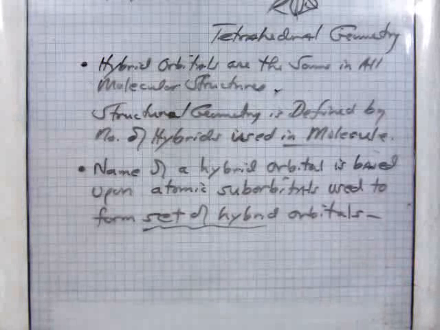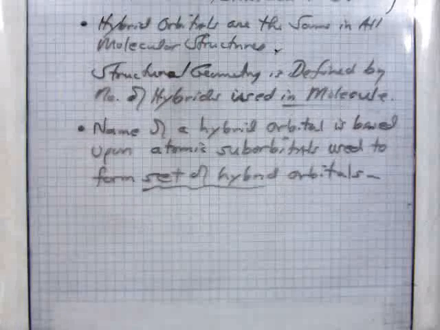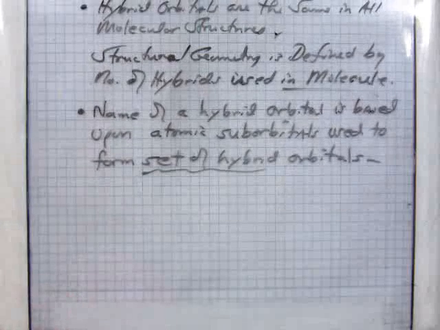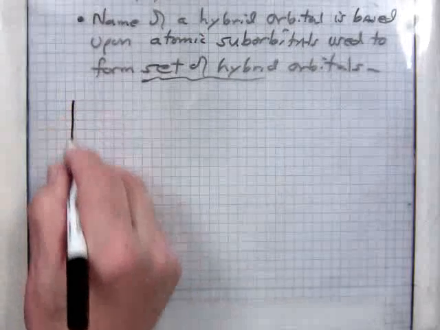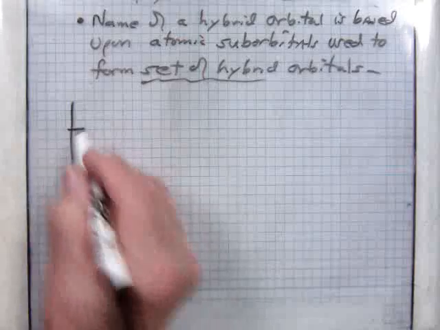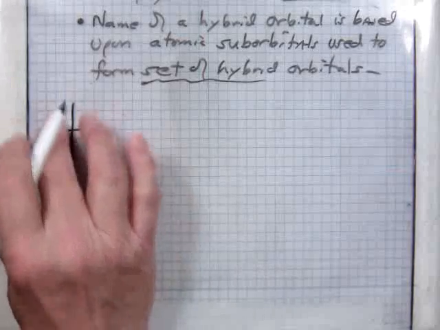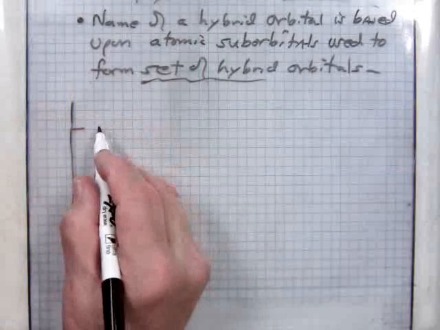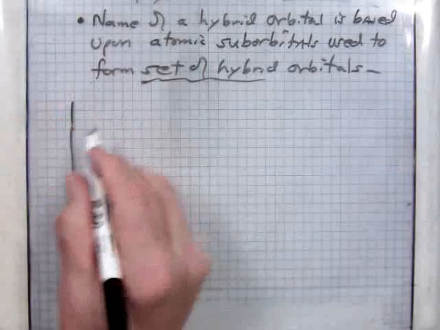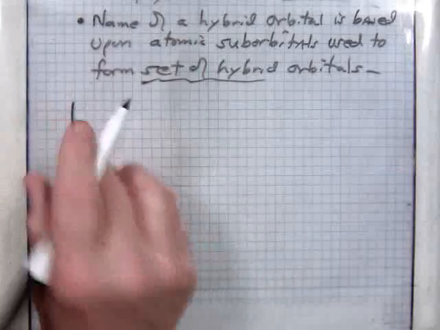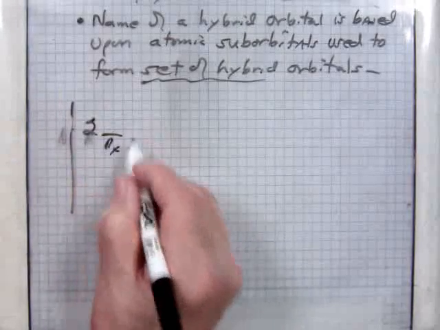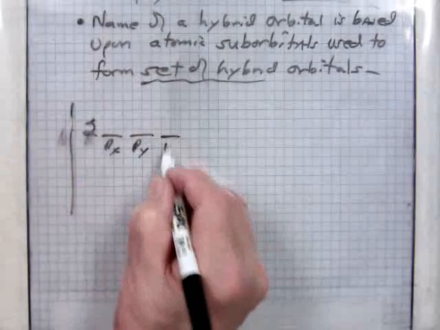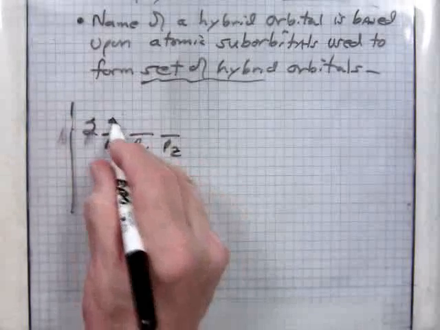In CH4, we're using 4 hybrid orbitals. We had the energy of the p orbitals up here, 2 px, py, and pz.